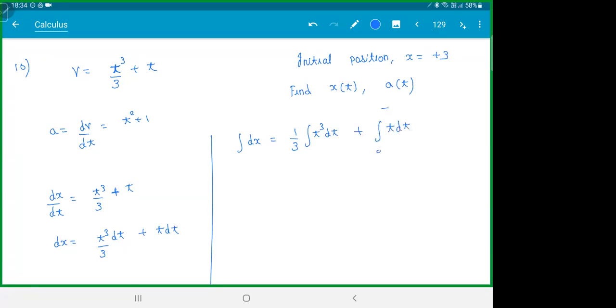Limits will go from 0 to time, 0 to time, x will go from 3 to x. So this will be x minus 3 is equal to t power 4 by 12, and this guy is t square by 2. Please check your answers.